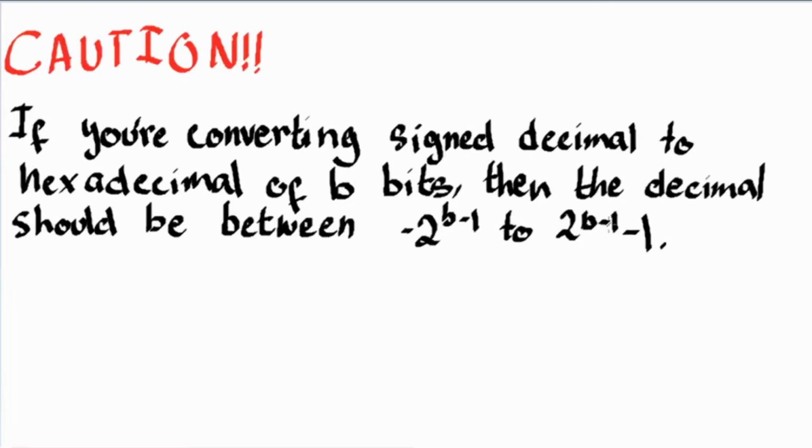Caution, before we begin with this example, we have to consider the number of bits that are being converted. If you're converting a signed decimal to hexadecimal of b bits, then the decimal should be between -2 raised to the power of b minus 1 to 2 raised to the power of b minus 1, minus 1.